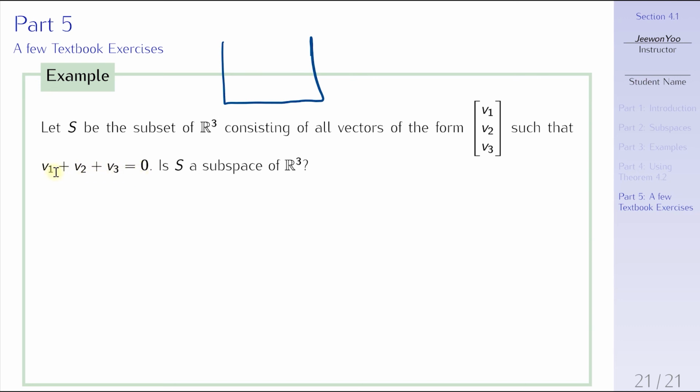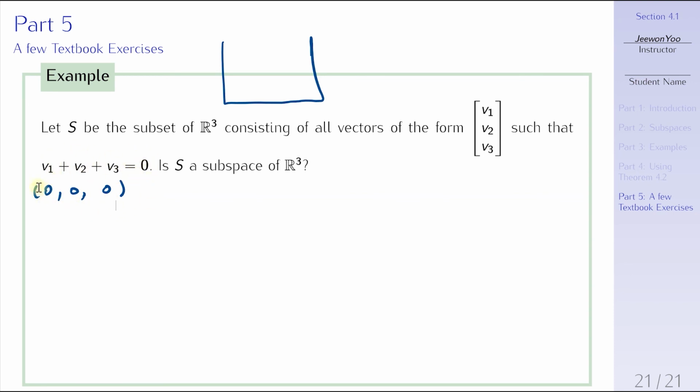What is the most obvious choice of v1, v2, v3 that satisfies this equation? Maybe the simplest solution is 0, 0, 0, which is the trivial solution. Do you agree that if v1 is 0, v2 is 0, v3 is 0, then 0 plus 0 plus 0 surely satisfies this equation?